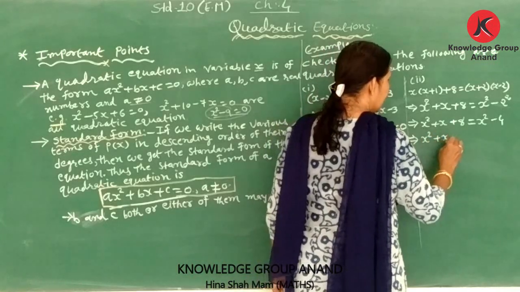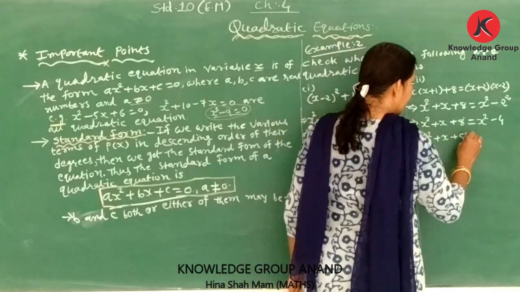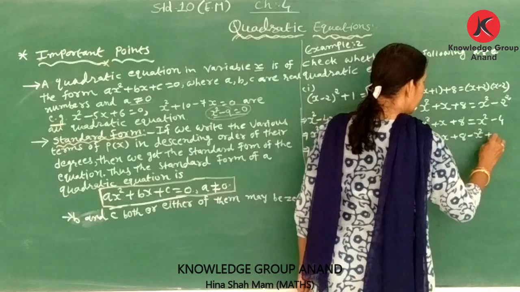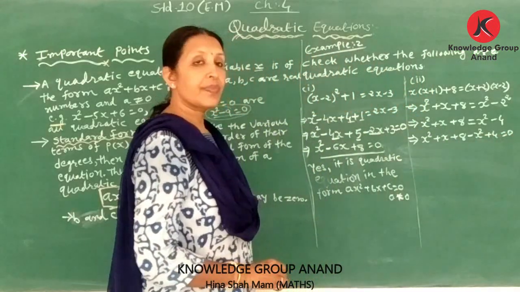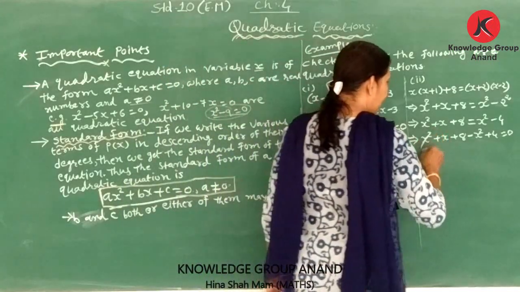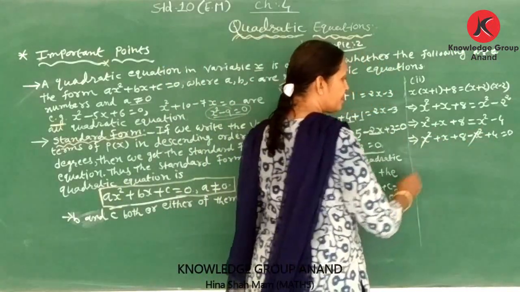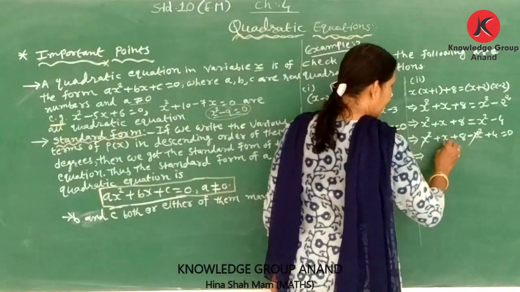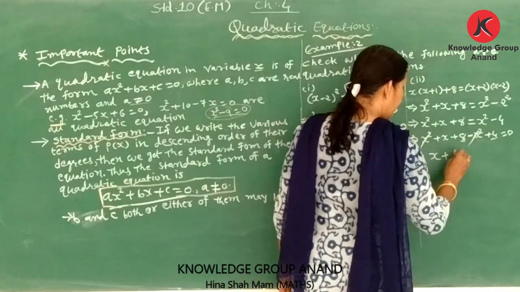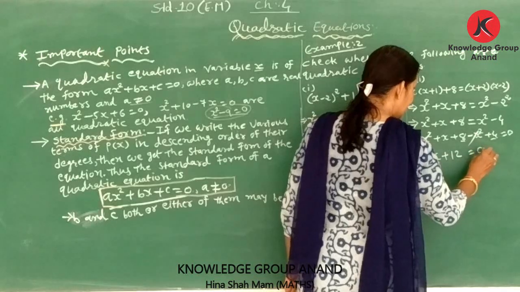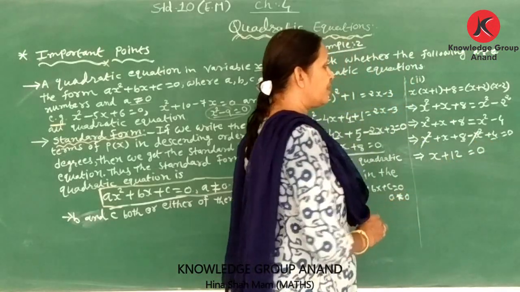x square plus a, x plus a minus x square plus 4 is equal to 0. Now, x square minus x square cancels. Remaining terms: x plus 8 plus 4 plus 12 is equal to 0.